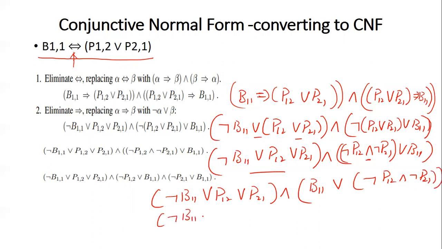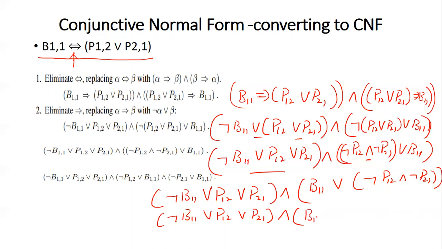Okay, not B11 or P12 or P21, right? Now distribute this B11 over this, right? So distribution of disjunction over conjunction.